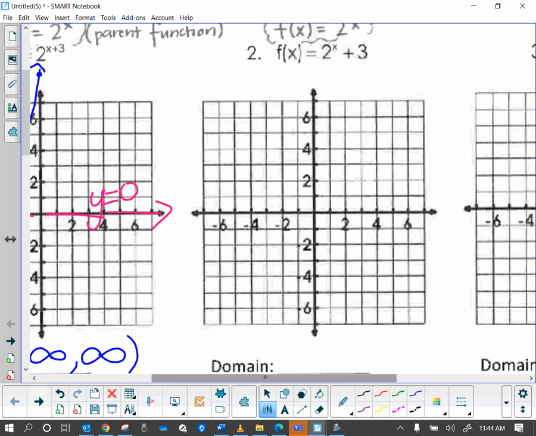So -1 and up to 3. 3.5 is going to be between 3 and 4. So that's here. 0, 4. And we've got 1, 5, and then 2 and 7. That is your curve.